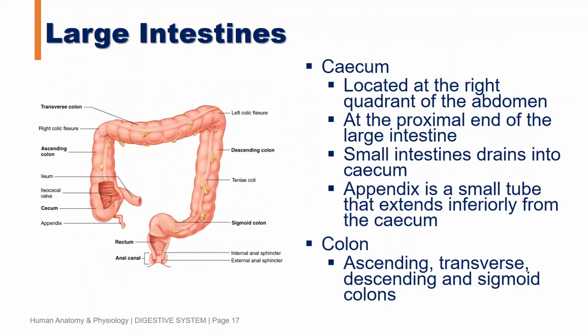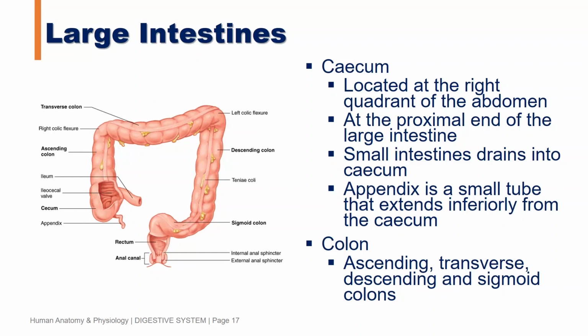From the small intestine, let's move to the large intestine. Cecum, located at the right quadrant of the abdomen. Okay, when it's on the right quadrant of the abdomen, here in the photo, it is here on the left. Cecum is at the right quadrant of the abdomen at the proximal end of the large intestine. The small intestine drains into the cecum.